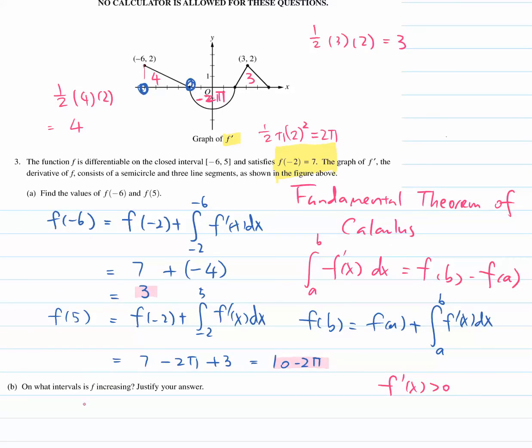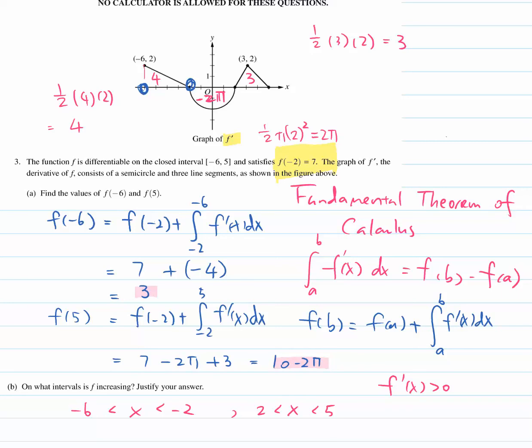So we have the interval from -6 less than x less than -2, and also 2 less than x less than 5.